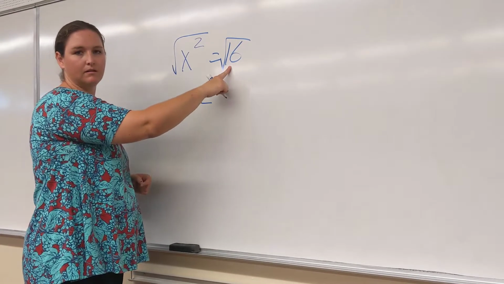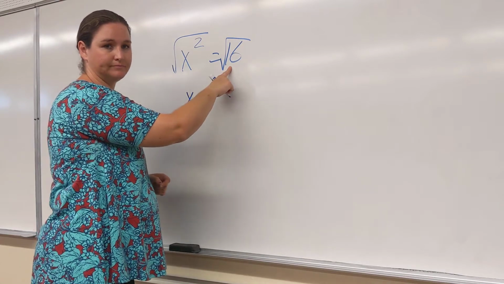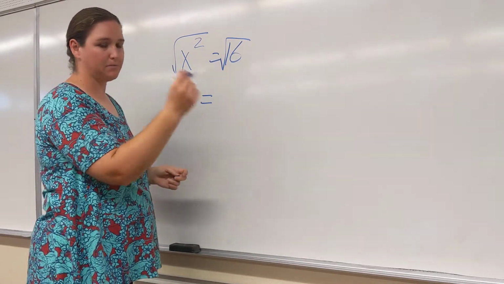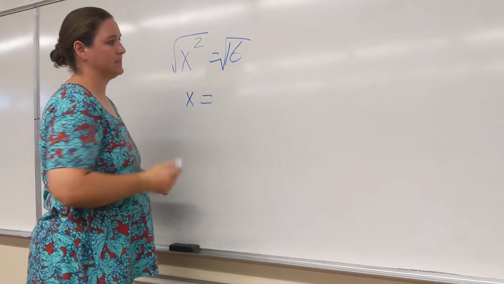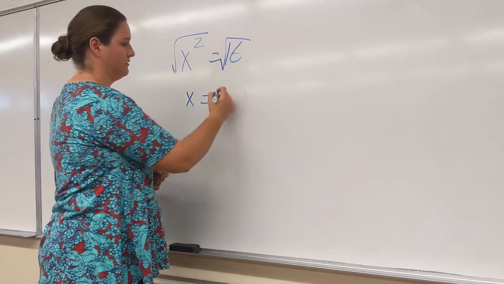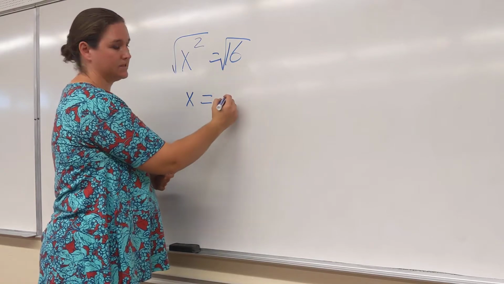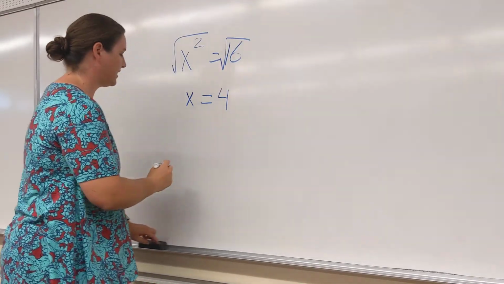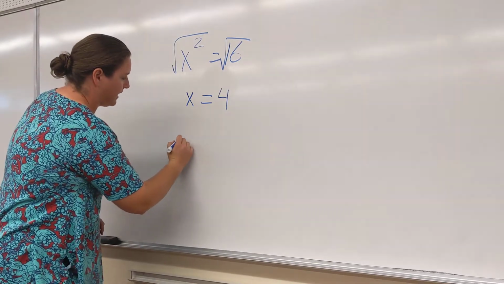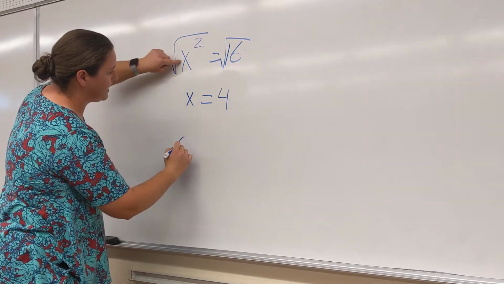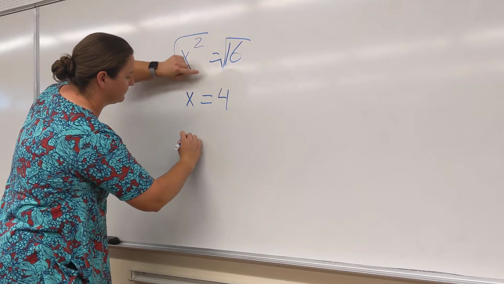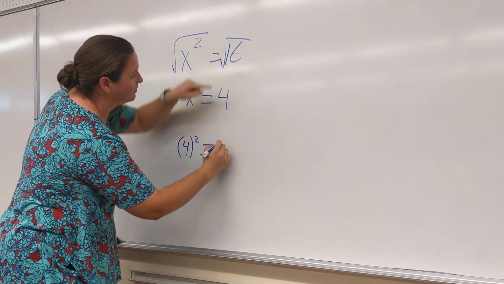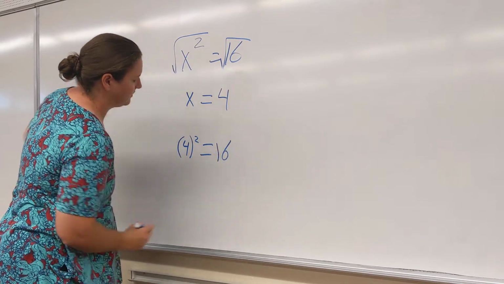What is the square root of 16? Now we're looking for a number that by itself, that times by itself, is going to equal 16. What number times itself is going to equal 16? 4. Let's check it. So we have our x, which is 4, squared is equal to 16.